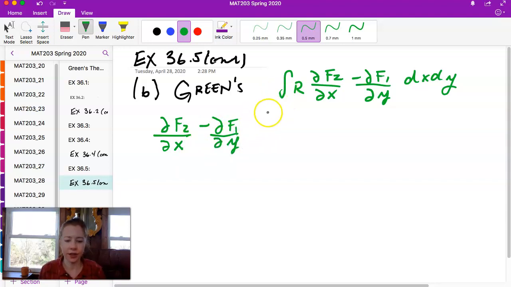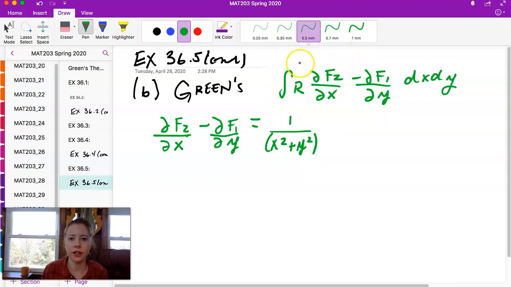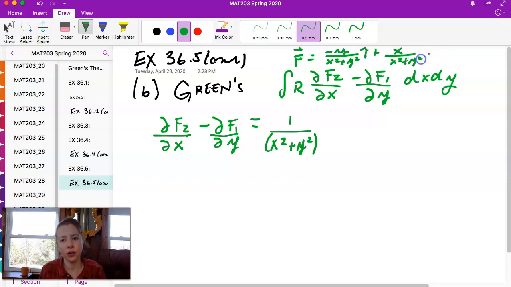So this is, I think, maybe a little more challenging. But we have 1 over x squared plus y squared. Actually, I'm going to write it on top so that you can see what's going on here. Remember, f is going to be minus y over x squared plus y squared i hat plus x over x squared plus y squared j hat.